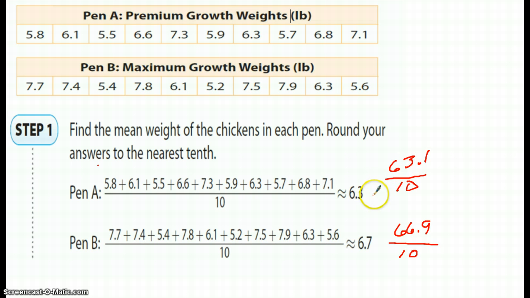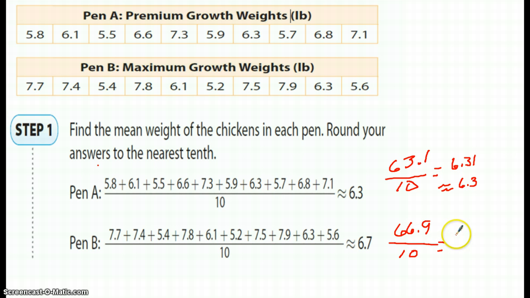So this is going to give us 6.31. We're going to drop the 1, and then that's approximately 6.3. So that's what happened there. The same thing with this one. We add these up, and we're going to get 66.9 divided by 10.